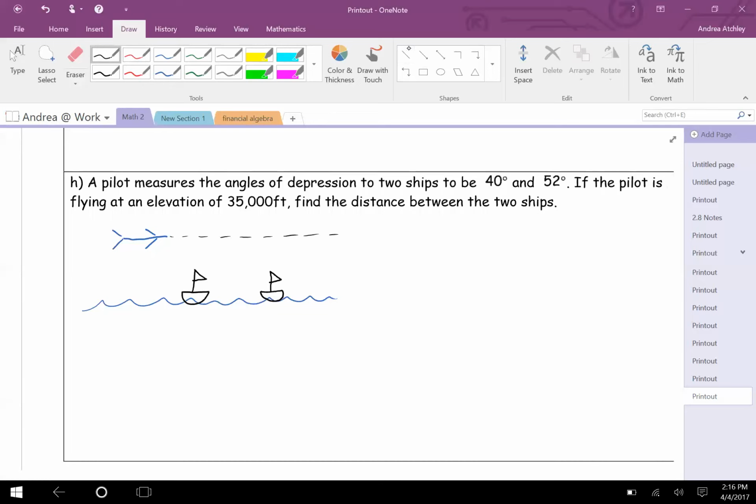And then we're going to draw our line to the boat, and our line to the boat. So this angle here is 40 degrees. And then this angle here is 52 degrees.